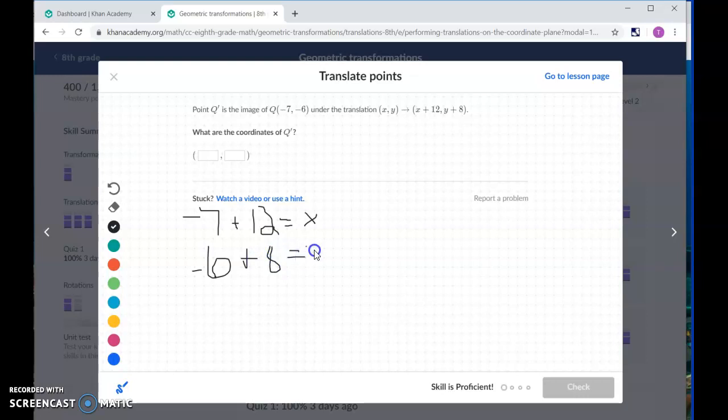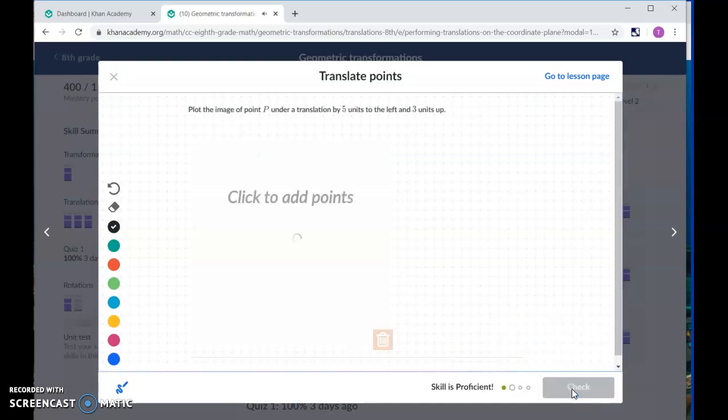That gives me my new y value. Alright, so -7 plus 12 is equal to 5. -6 plus 8 is equal to 2. Okay. Alright, so I'm going to move on to the next question here.